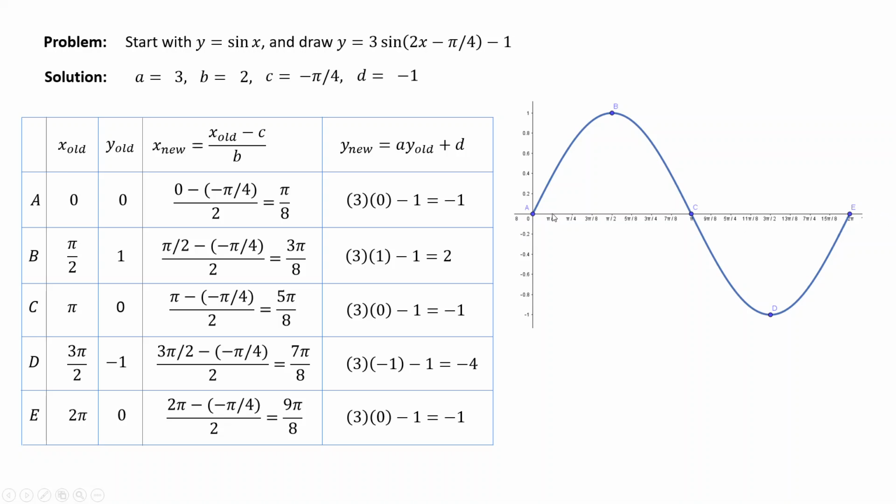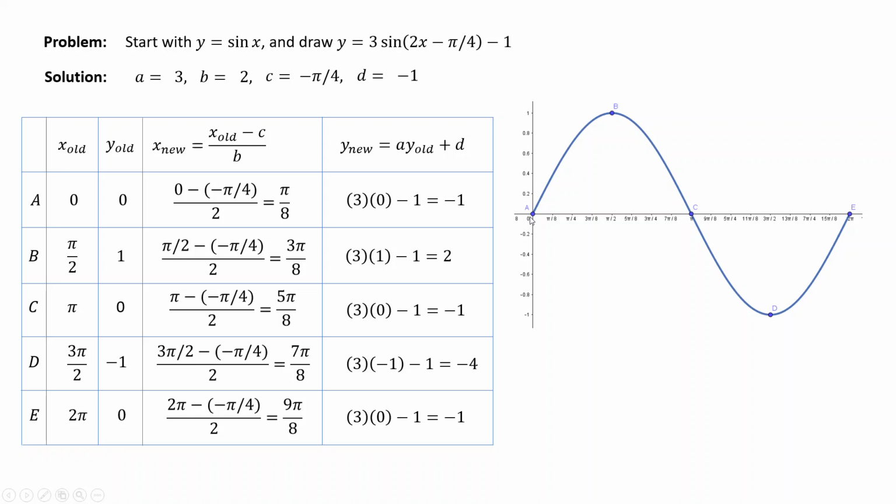This is x equals pi/8, and negative 1 is the y value here. So our new point a new would be over here. Cool? And 3 pi/8, comma 2. Hey, there's a 3 pi/8 and 2 way up above. So we can plot every one of those points.